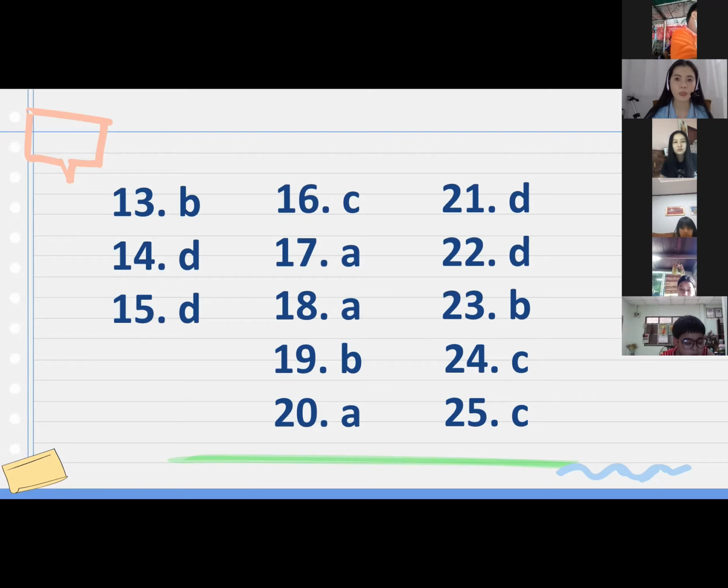Finished? Did somebody get 25 over 25? Last time, if your score was 12, and if your score now is 13, that means you got a perfect score, 25 over 25. I got 23 over 25. Okay, Nat got 23. I'm going to get your scores later. Let's wait for the others.